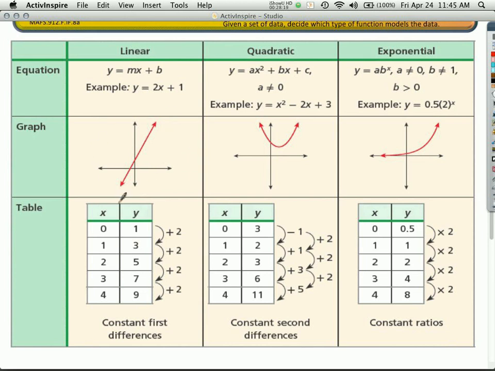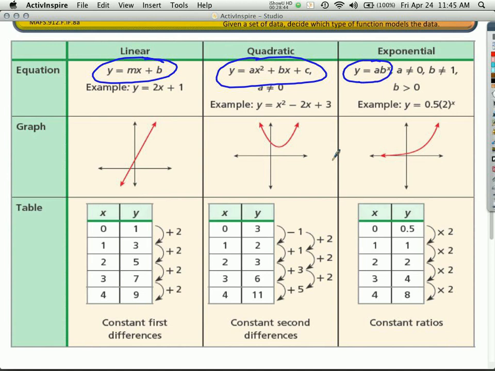You should be able to draw out the relationship, and then create an equation to use to make predictions. So: data, analyze the data, graph the data, create an equation to model the data. That's our goal.